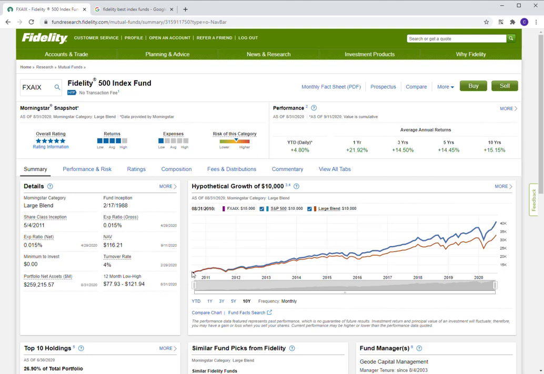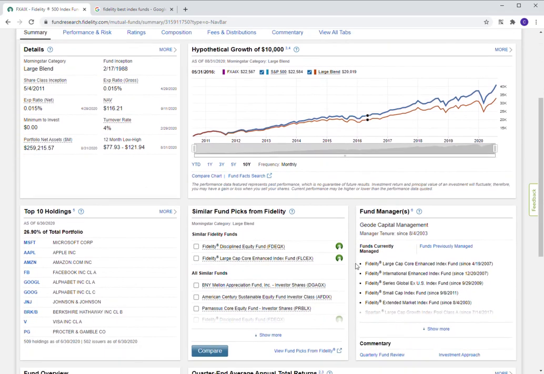So if we started with $10,000 back in 1988 and we looked at what we would have had today, that $10,000 would be up to $40,987.